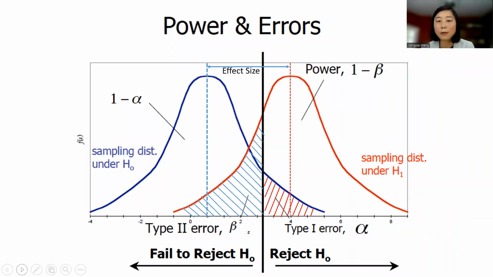This is the false negatives, when actually there is a treatment effect, but we claim there's no treatment effect. And the rest of the area under this red curve, which is 1 minus beta, is the power for the study.